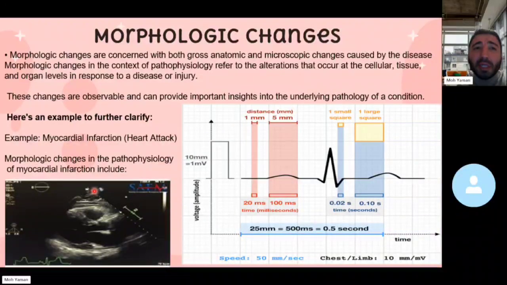Morphological changes can appear through many mechanisms. For example, take myocardial infarction or heart attack. Physicians can see all the changes, for example, in the ECG, even in the ultrasound of the heart. The signs that the patient describes are also very clear.